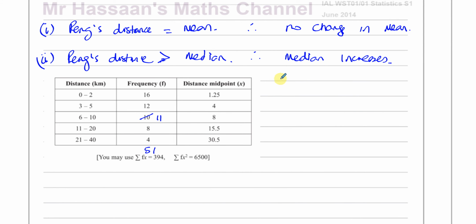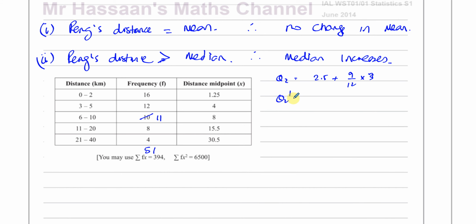The original median was 2.5 plus, and remember it was 50 entries, so it's 25, and 25 minus 16 was 9, so it was plus 9 over 12 times 3. Okay, that was the original median.